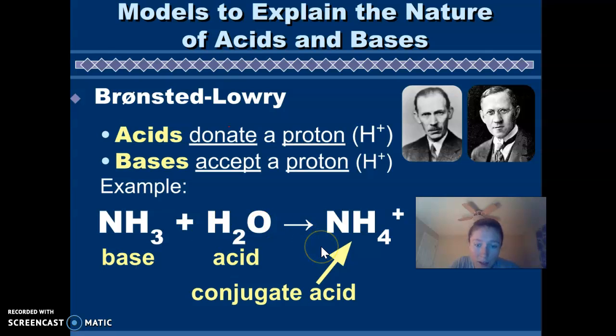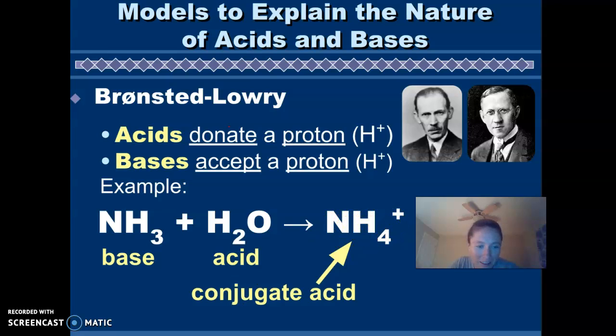And now our products, you can define this ammonium as the conjugate acid. So what that means is because ammonia was the base and it stole a proton, it now is more acidic as a product because it has that extra H+.